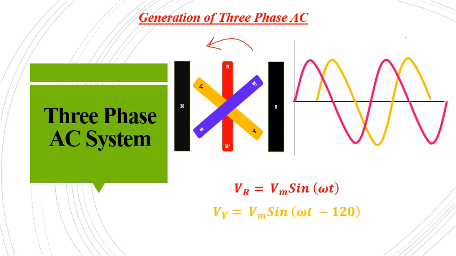Then tracing towards the back, we can draw like this. So this is the voltage generated in the Y phase.